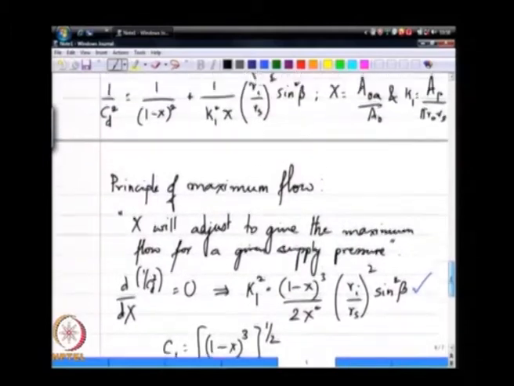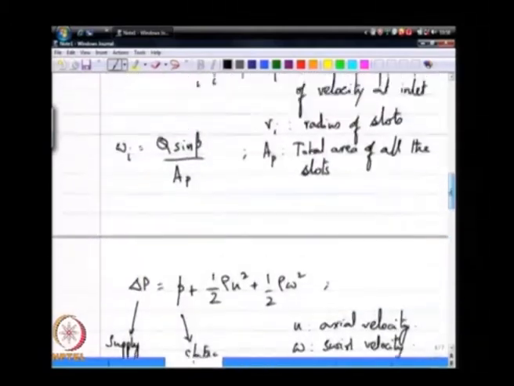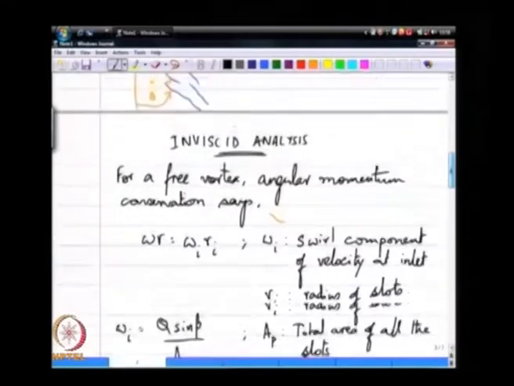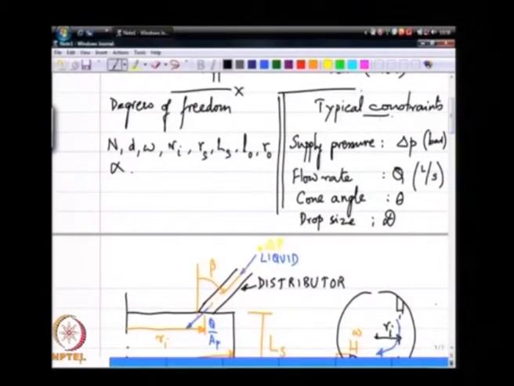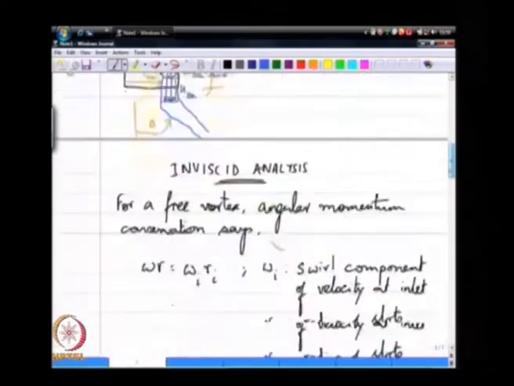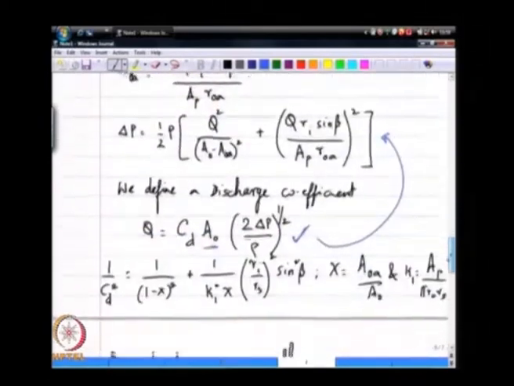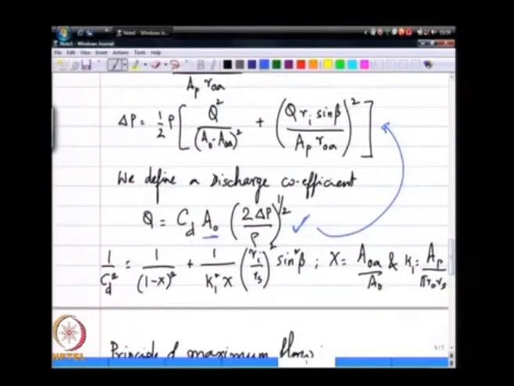So, what have we done here? Essentially, let us go back to the list of constraints that we have, these are what we want to meet. So, if you give me a delta p and a q, I am going to assume an exit orifice diameter, and for that exit orifice diameter, q and delta p, I can find C d from this expression.